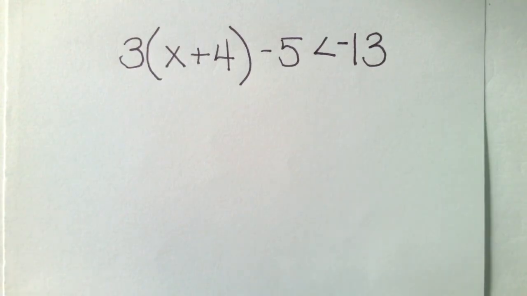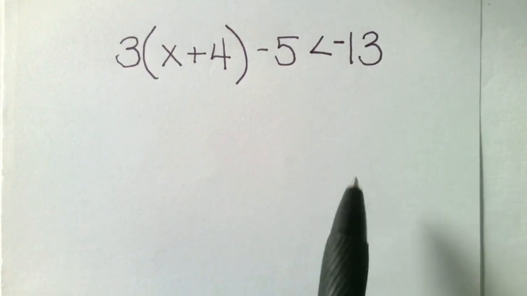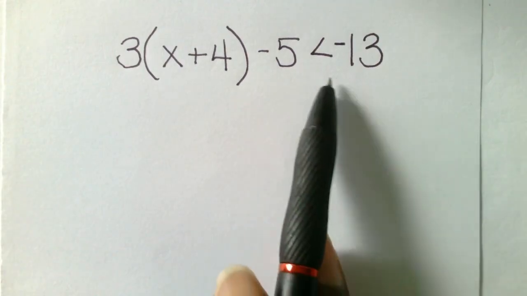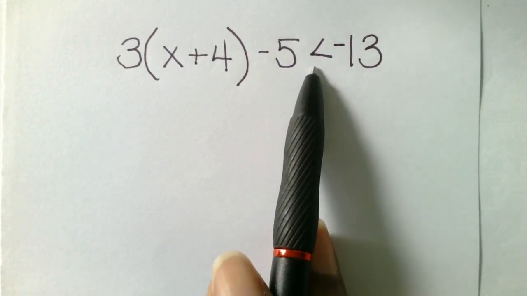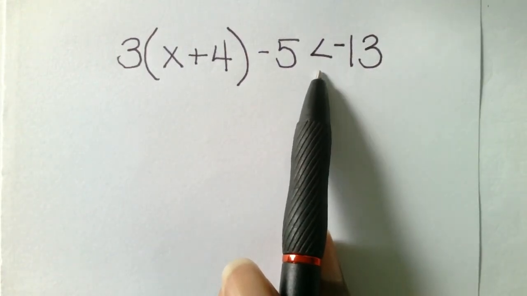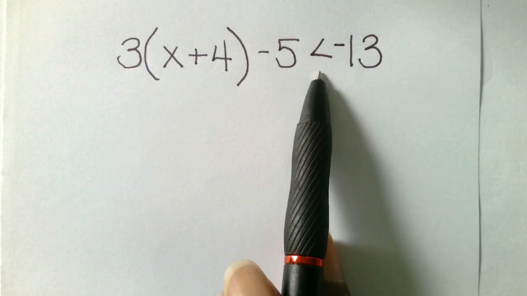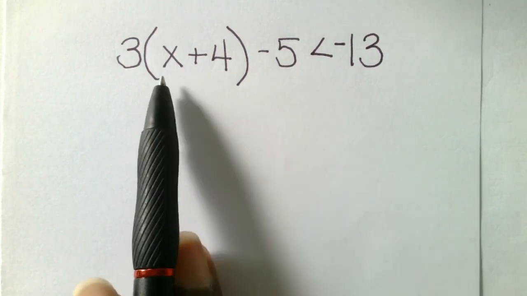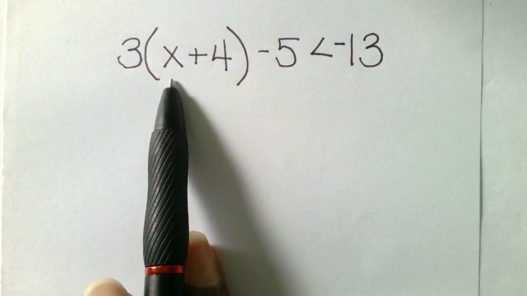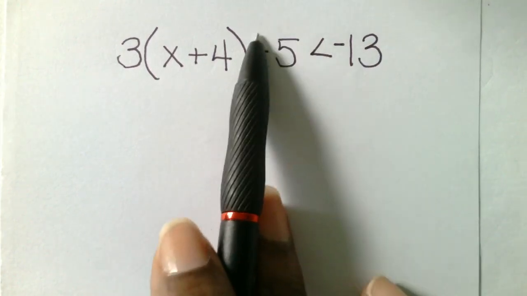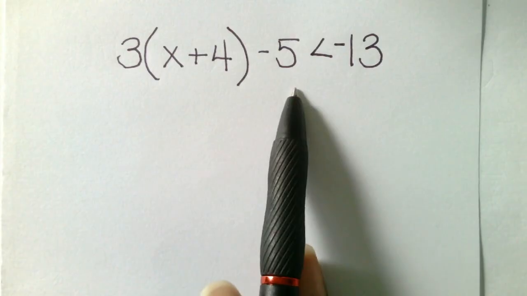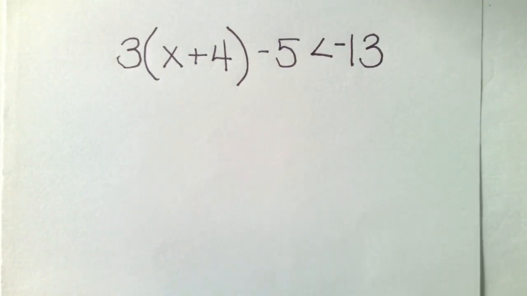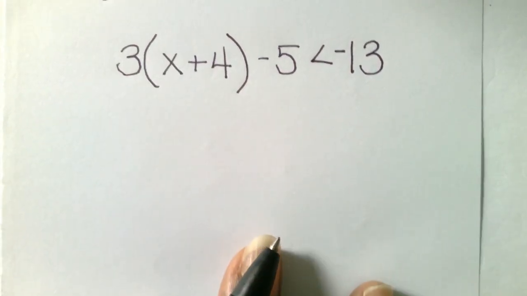So, here we go. Now, we're trying to solve this. This is an inequality, a less than. When we solve inequalities, it's very similar to what you do for equations, but it has a twist at the end. So our goal is to get our variable by itself. Right now, we have this -5 that's in the way of this. I know a lot of you guys said, okay, we can distribute the 3.